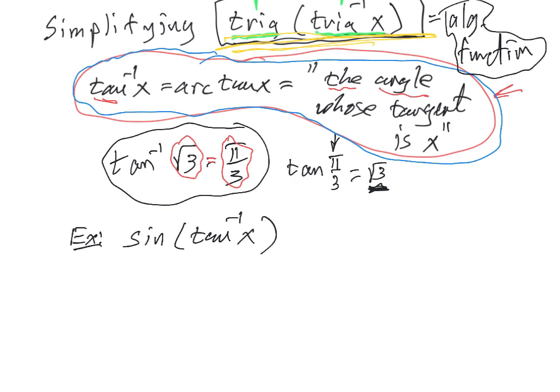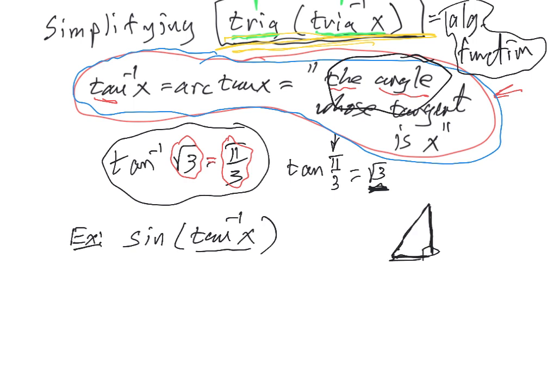Okay, so here's how we do it. We look on the inside here. I have the inverse tangent of x. That's an angle. It's the angle whose tangent is x. I can draw a picture of that angle. So here's a triangle.